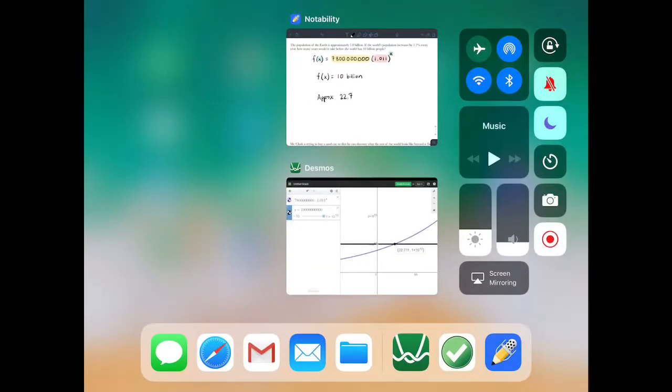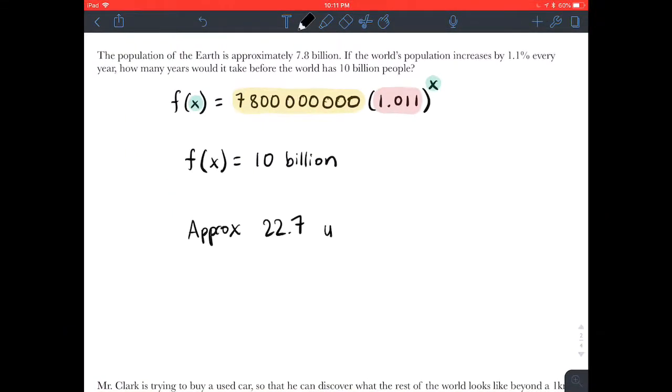Just make sure that's correct. Yes, 22.7 years. In other words, f of 22.7 roughly equals 10 billion.